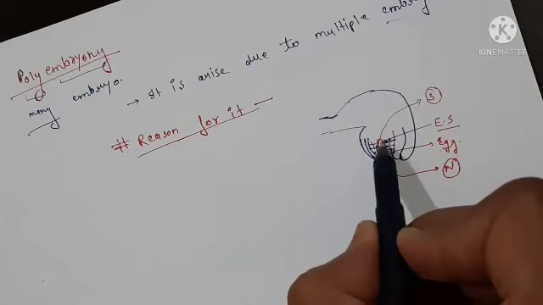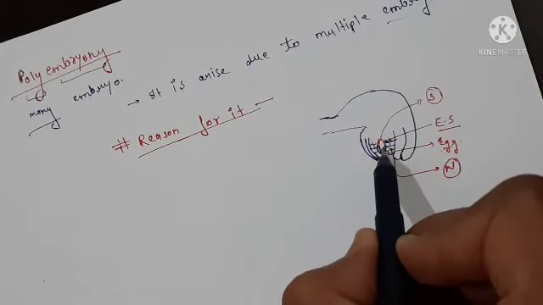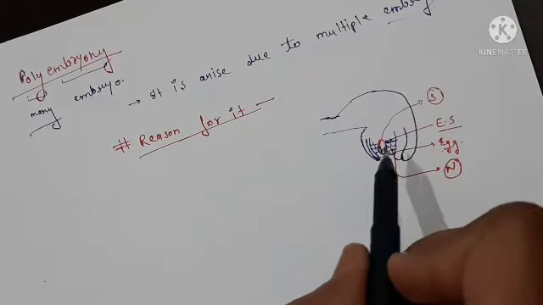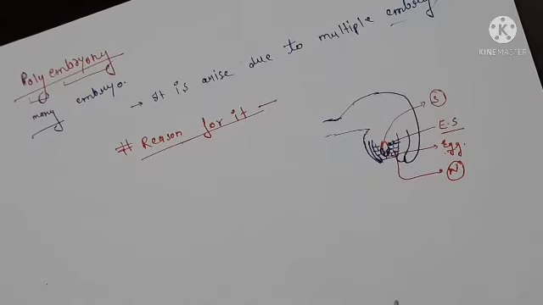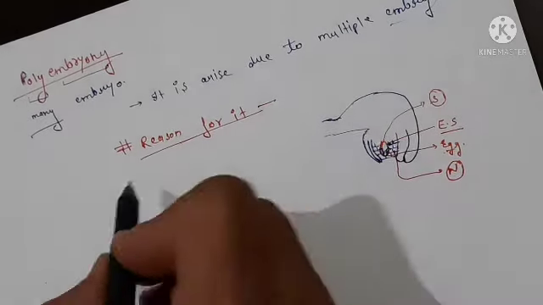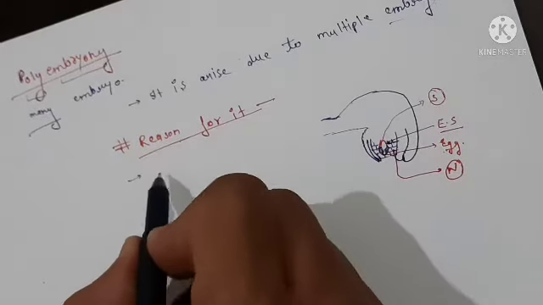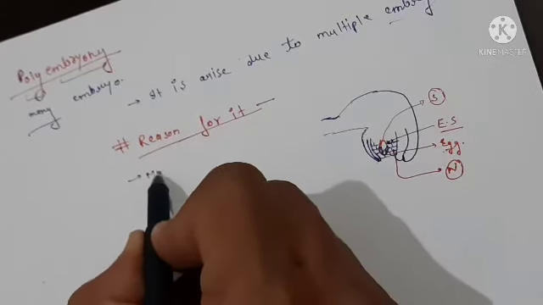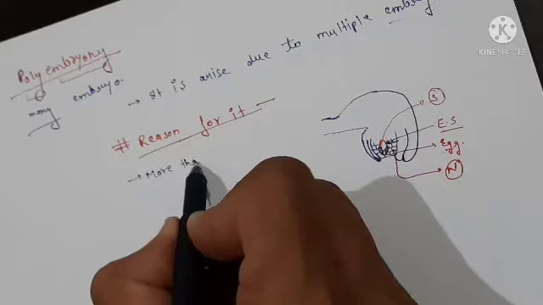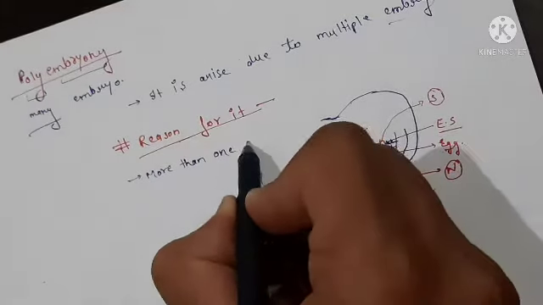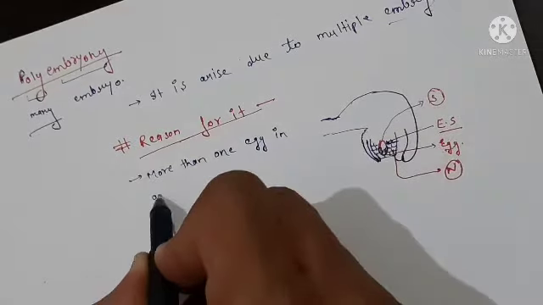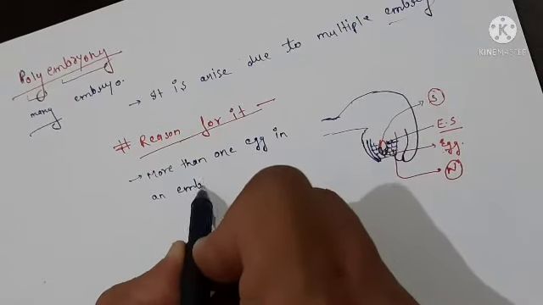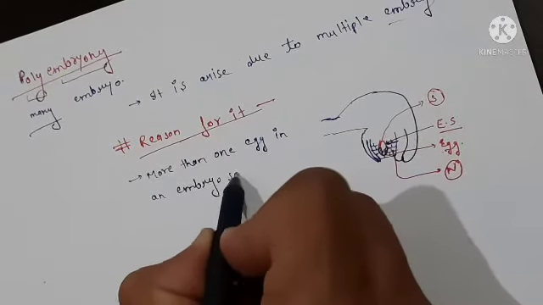This one is the structure of embryo sac. As we know very well, in one embryo sac there is only one egg, but suppose a seed contains more than one egg in an embryo sac. This is the first reason.